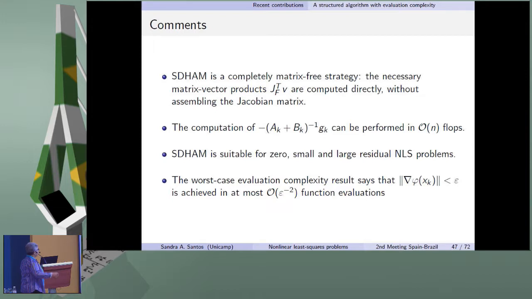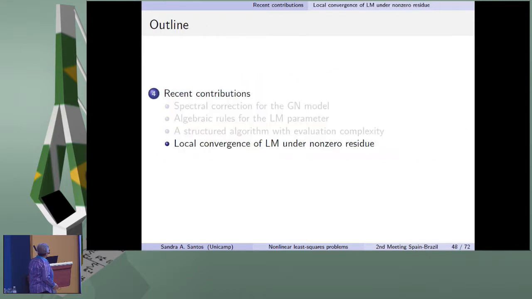And our algorithm does not care if the problem has zero, small, or large residual. And we have a worst case complexity result that says that we can obtain an epsilon stationary point with this order of function evaluations.